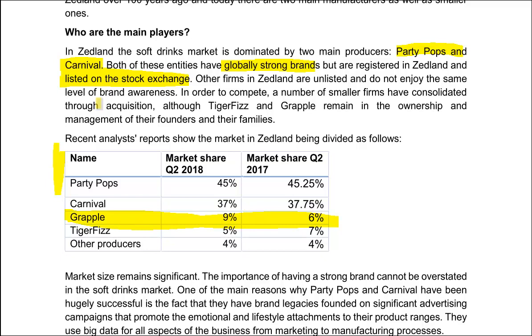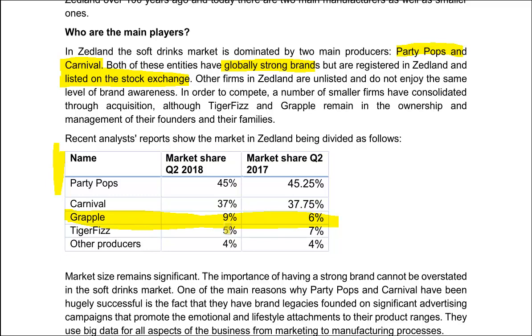But just by mentioning it and being quite specific about it, it does again imply that perhaps Grapple could list on the stock exchange themselves to try and grow into a larger market share to be competitive with these two big companies. For example, just to say perhaps Grapple wanted to buy Tiger Fizz, suddenly they would be 14% of the market share in Q2 2018.